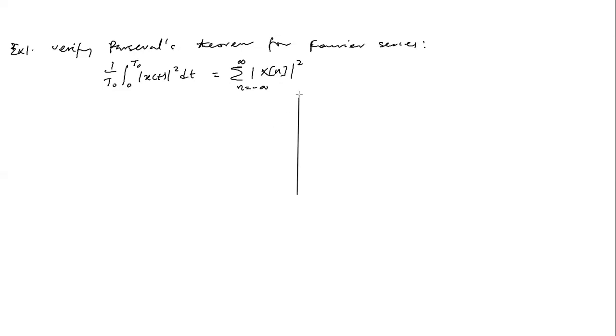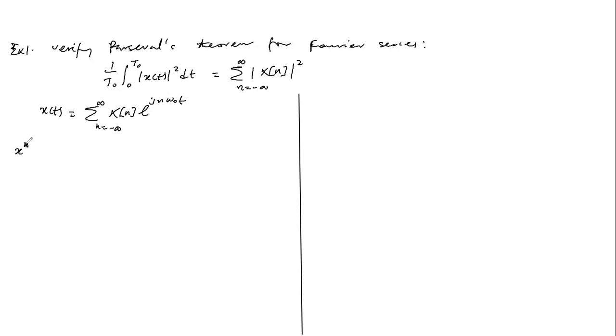If you recall the complex exponential form of Fourier series, s of t is the sum from n equal to negative infinity to infinity of S_n e^{j n ω t}.